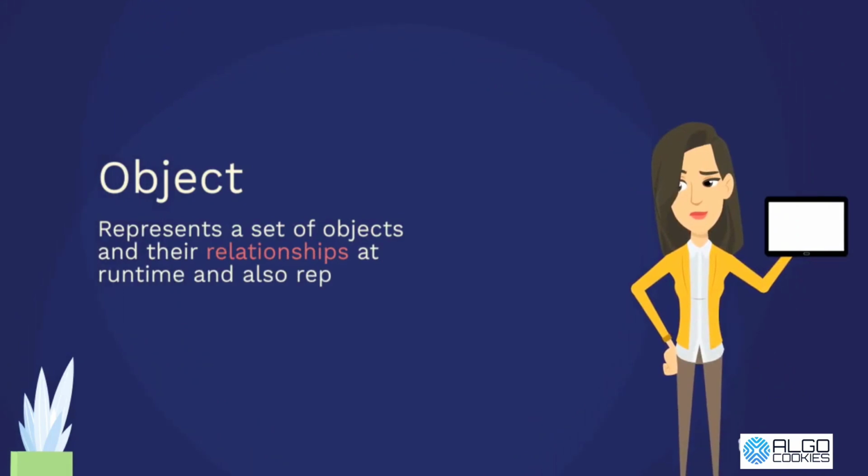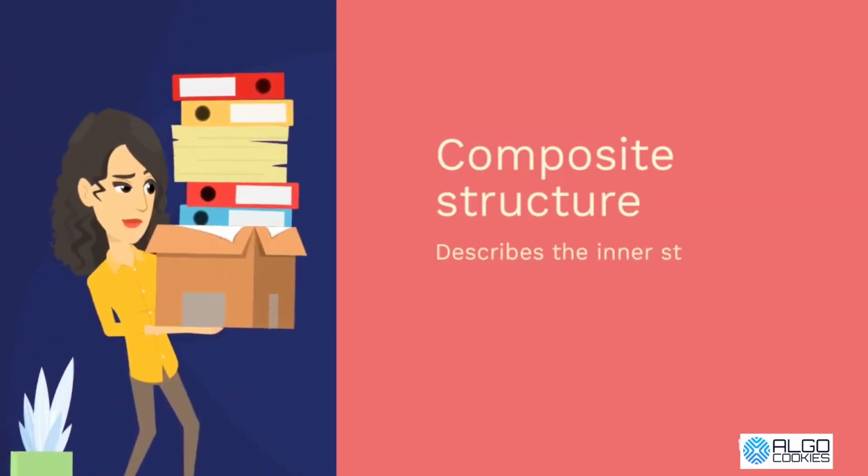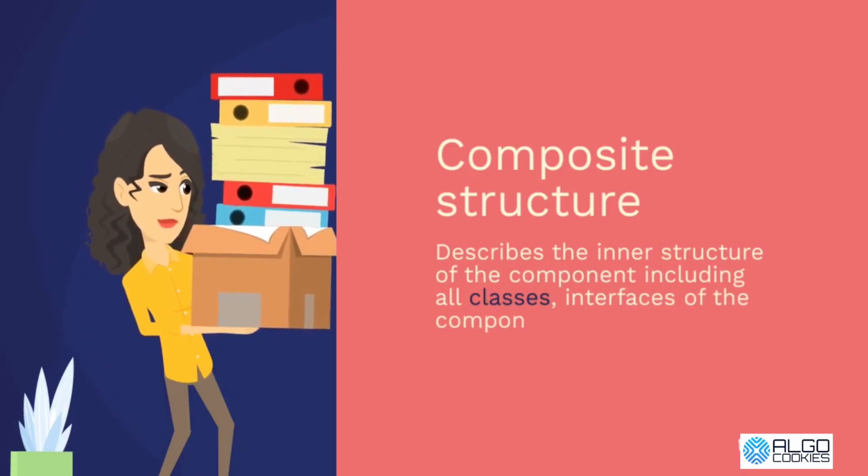Object represents a set of objects and their relationships at runtime and also represents the static view of the system. Component describes all the components, their interrelationship, interactions, and interface of the system. Composite structure describes the inner structure of the component including all classes, interfaces of the component, etc.